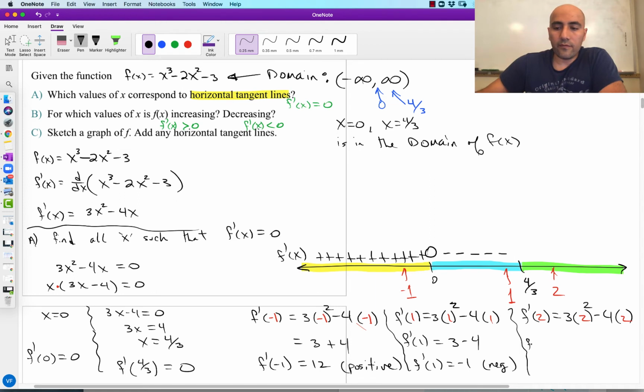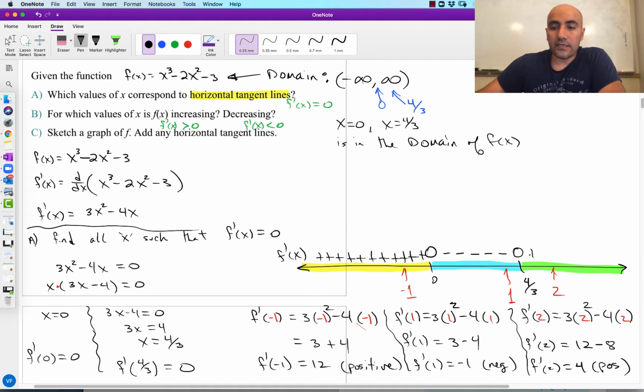So f prime of 2 is equal to 3 times 4, which will make it 12, minus 8. So f prime of 2 will be equal to positive 4. And again, all I really care about is that it's positive there. It's a positive number. So f prime of 4/3 is 0. So we're going to get a 0 there at 4/3.